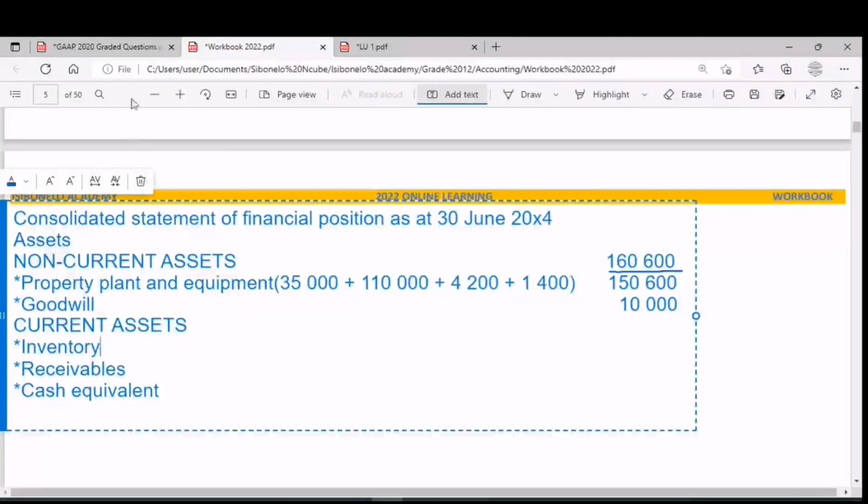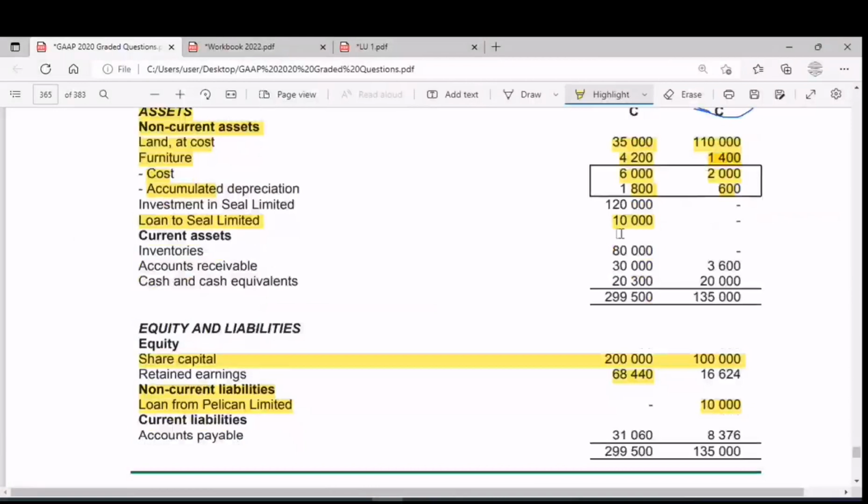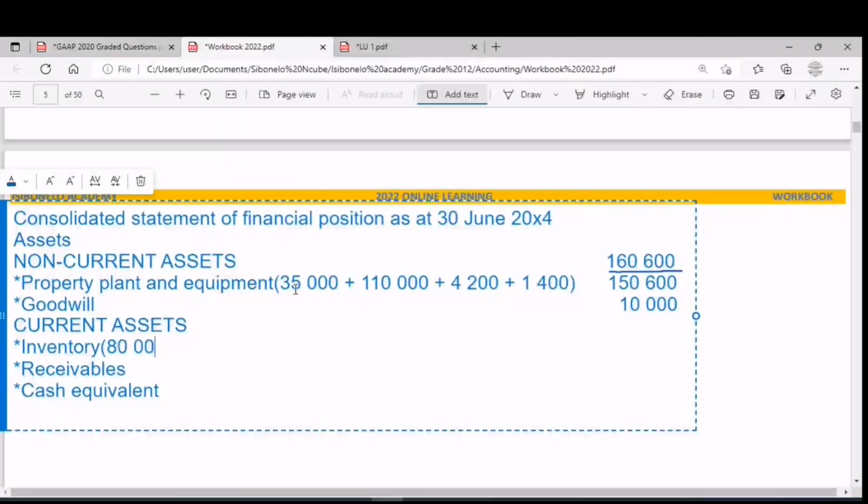Okay, so check the inventory; we combine here because we are consolidating. Inventory is 80,000 plus 0, so the total is about 80,000.